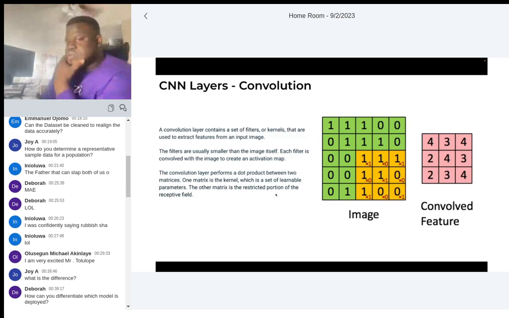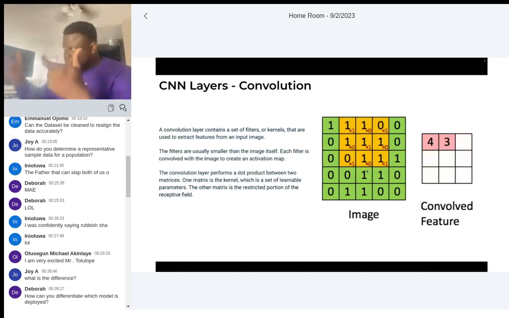Say, for example, this is 1100 1100 1100. You can pause it like this. It is convolved with a weight. What is the weight? The weight is called the kernel.